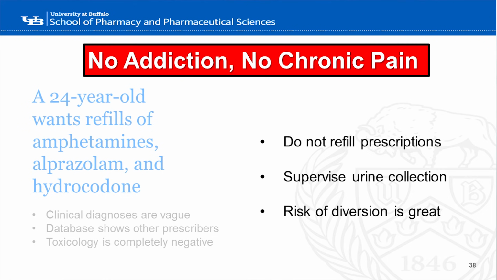If she had a personal history of addiction, you would expect to have drugs in the urine. Another possibility is she's submitting somebody else's urine. But there doesn't seem to be any evidence of chronic pain here. So do not fill the prescription.